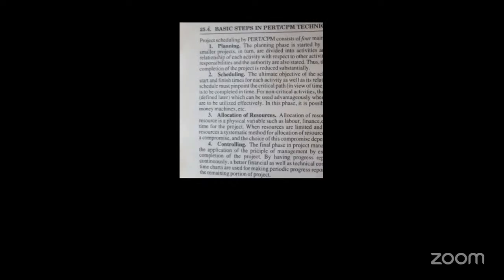Finally, this phase in project management is to achieve the desired objectives, whatever objectives we require, we have to fulfill with this controlling. So these are the four basic steps involved in solving PERT and CPM techniques: planning, scheduling, allocation of resources, and controlling.